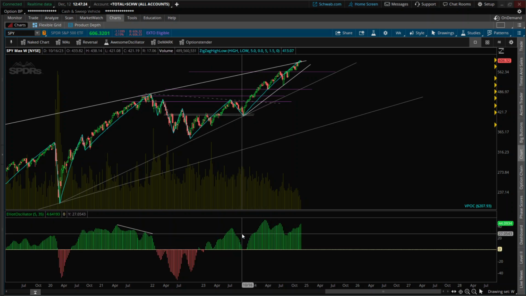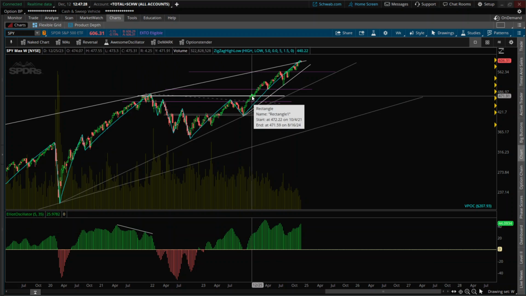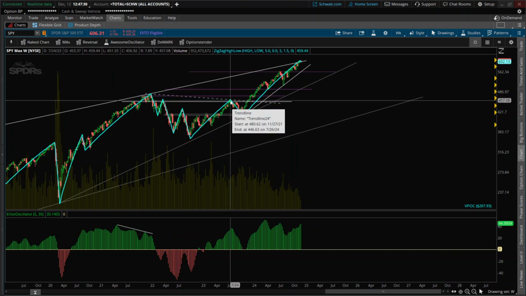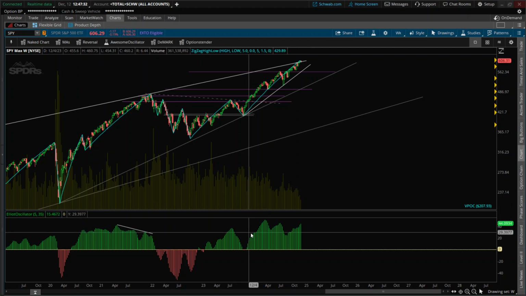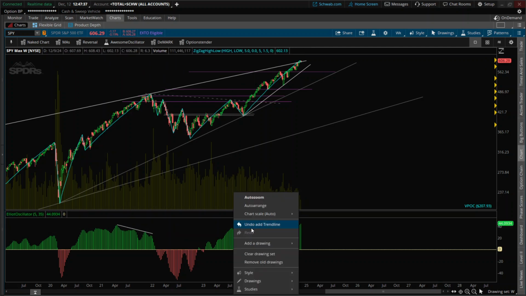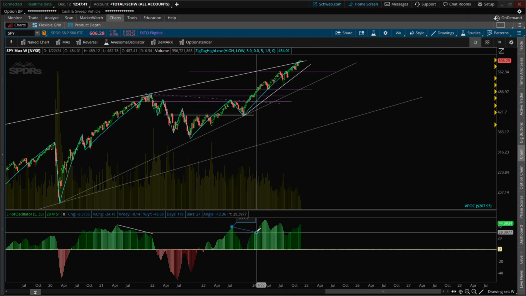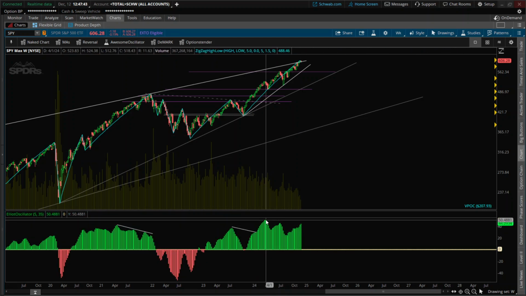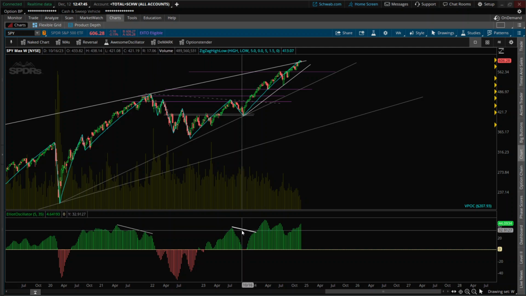But if it would have made a lower high, for example, you had the high here, you had a higher high here, it started to make a lower high. So you could have been thrown off at this point until it started to exceed the new highs. Okay? So that's one thing you've got to be careful about.